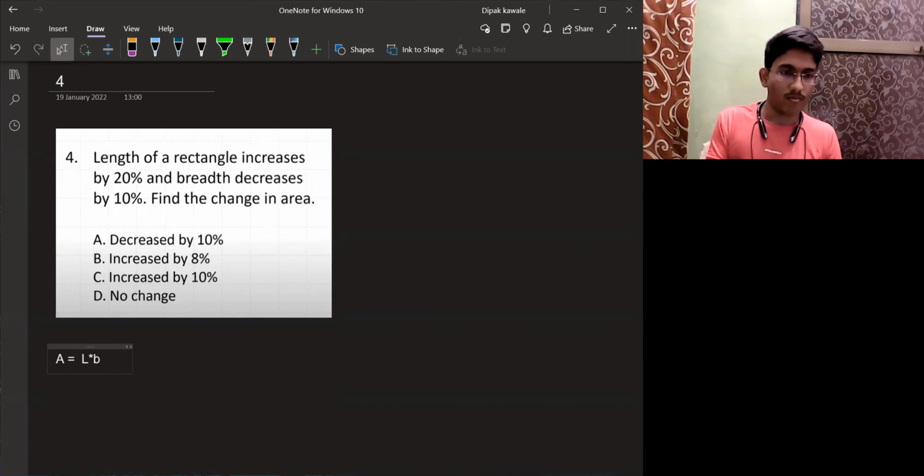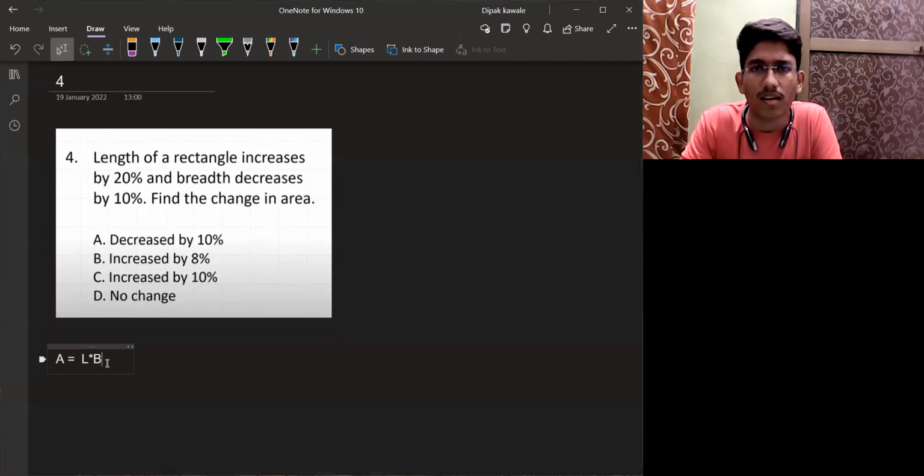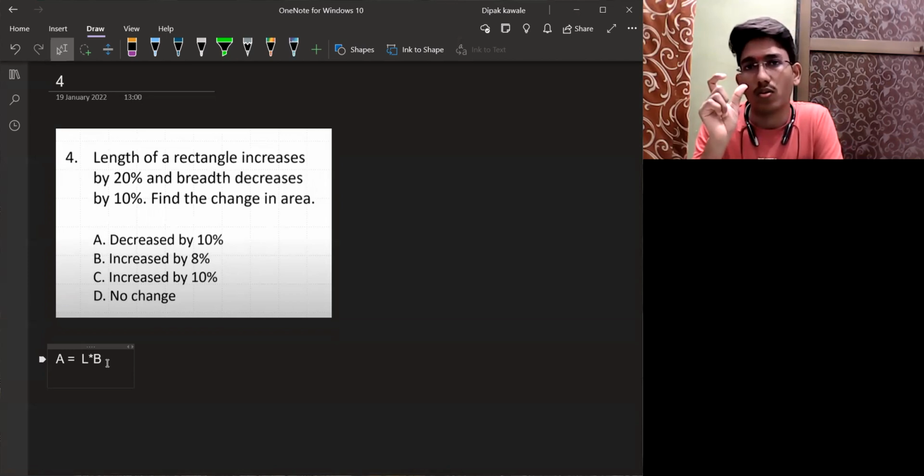Okay, student, is there anywhere in the problem we have been given any value of length and breadth? क्या हमें लेंथ और ब्रेड्थ की वैल्यू दी गई है क्या? No. So in that situation we have to assume a particular value for the missing length and breadth.